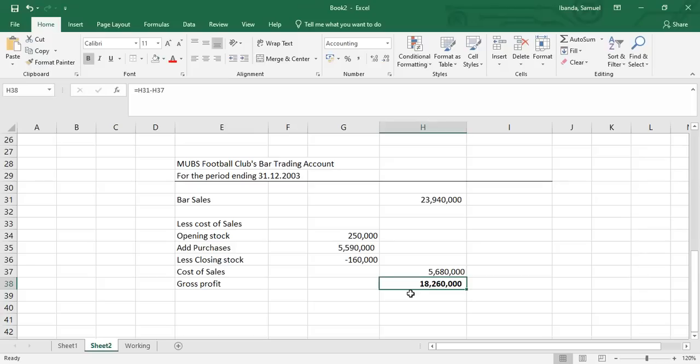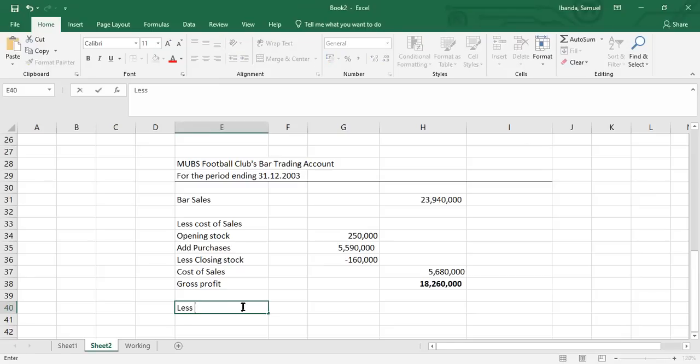Now, remember, all that we are doing is for the bar. We have not tapped the whole club for profit, and we shall only tap the club for profit when we come to the income and expenditure account. So right here, I'm now going to do my other operating expenses.